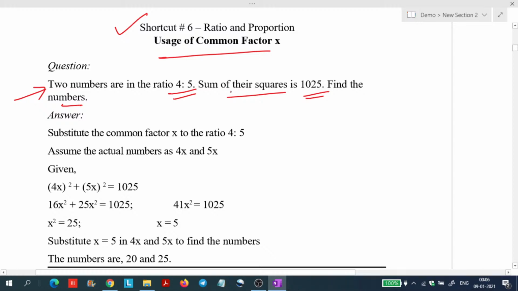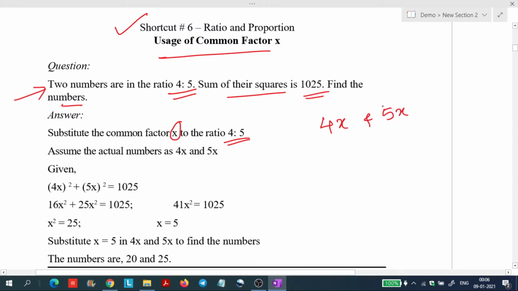Okay, so substitute the common factor x in the ratio of 4 is to 5. So assume the actual numbers are 4x and 5x.